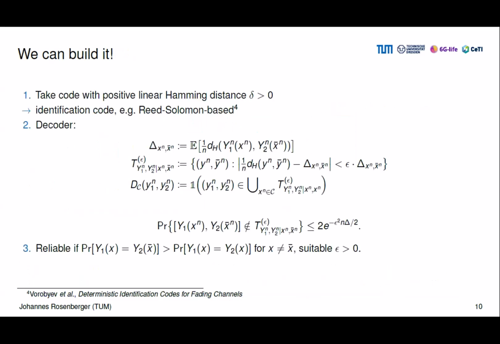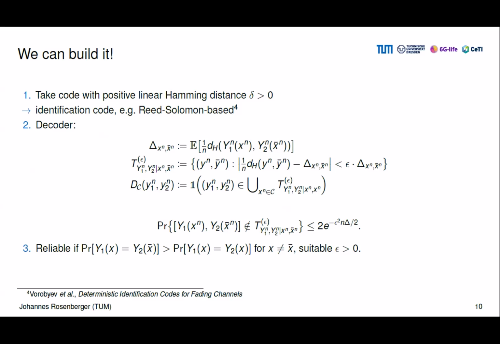Now to the code. We can build it, and we can build it with real codes, not only with random coding. We just take a code with a linear Hamming distance. You've heard a lot from Pau, for example, about how to construct deterministic identification codes. I'm looking at simple channels now, so discrete channels or Gaussian channels.